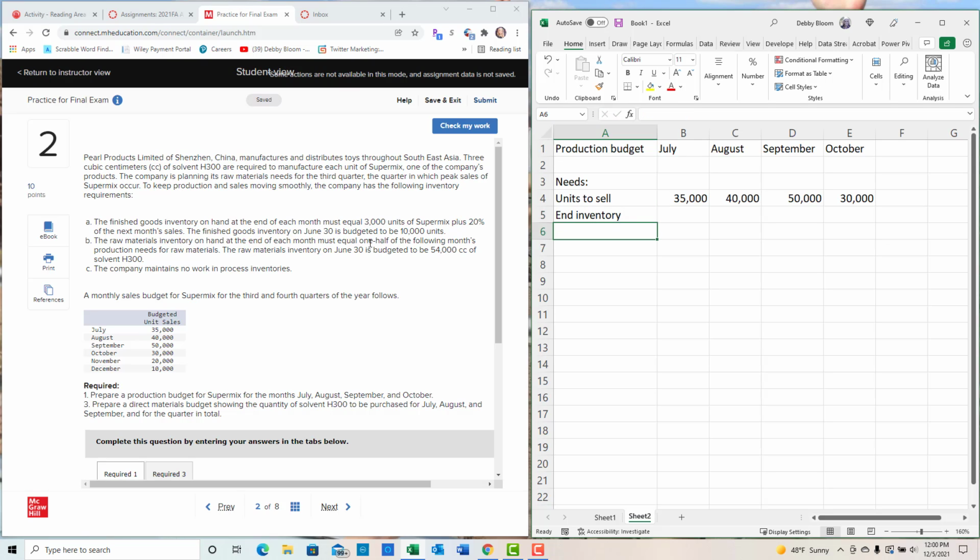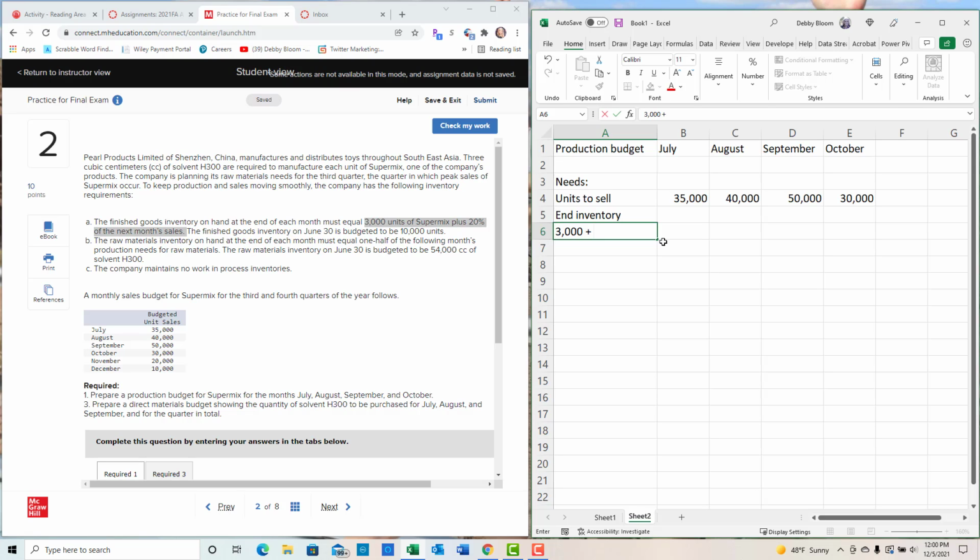We're given in the problem that the finished goods inventory on hand at the end of each month must equal 3,000 units plus 20% of the next month's sales. So for July, our ending inventory would be 3,000 units plus 20% of the next month's sales.